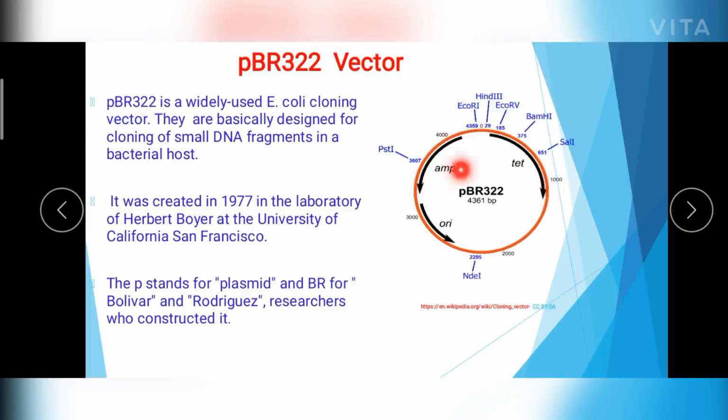One is the ampicillin resistance marker gene and the other is the tetracycline resistance marker gene. So in this manner, the plasmid PBR322 has all the features which are necessary for a vector.